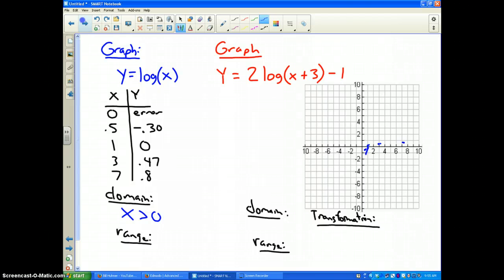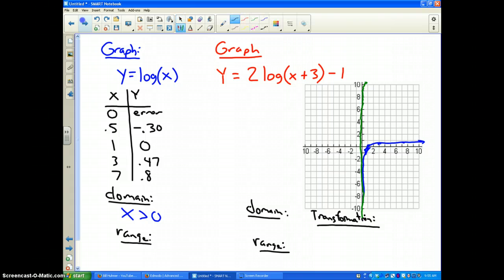So again, as best as I can do on the smartboard, it's going to go something like this. And remember, it's got a vertical asymptote. Since you cannot pick x values smaller than 0, it's got a vertical asymptote right there. All right, so there's our log graph.